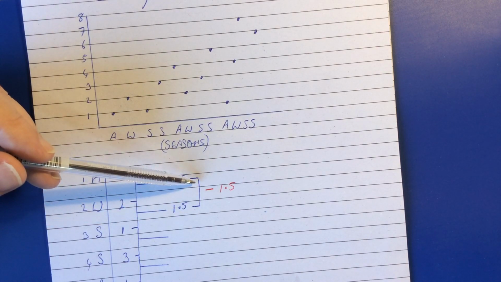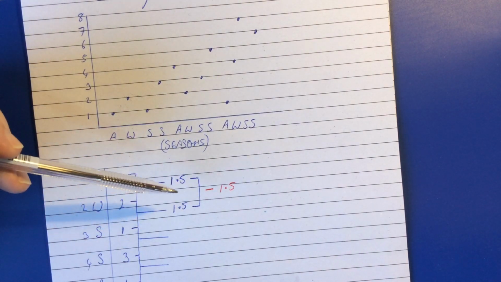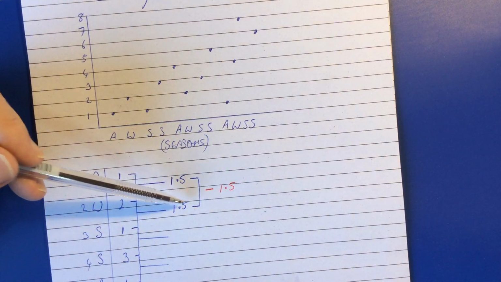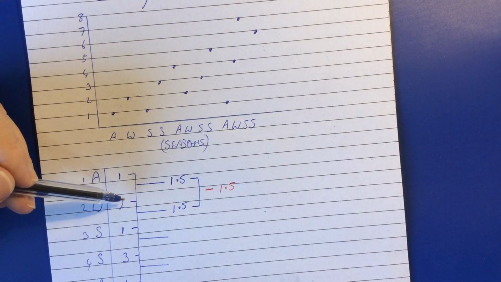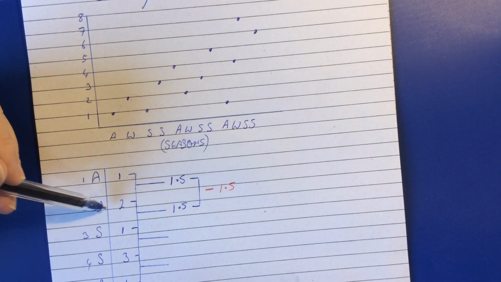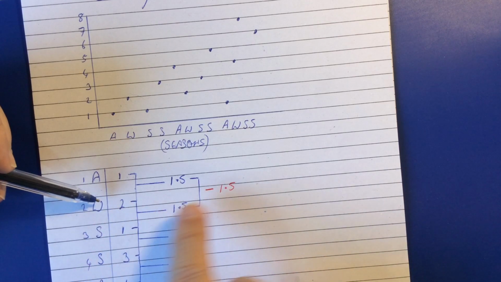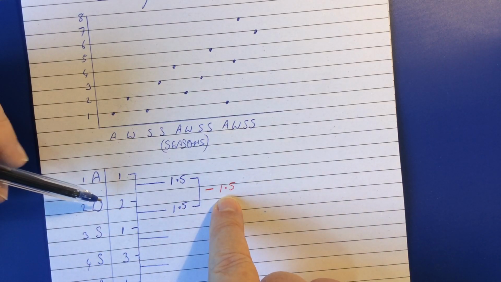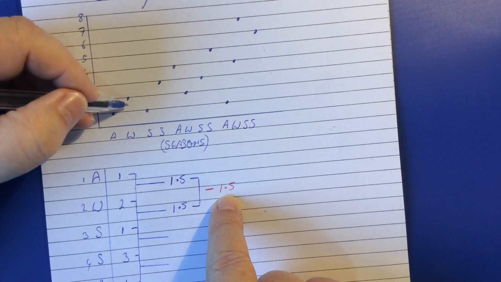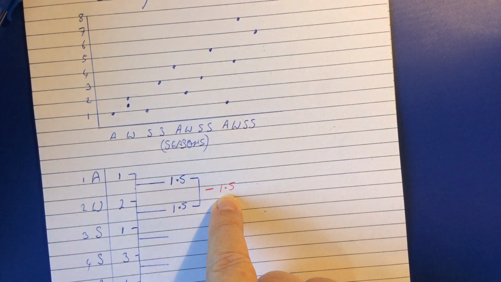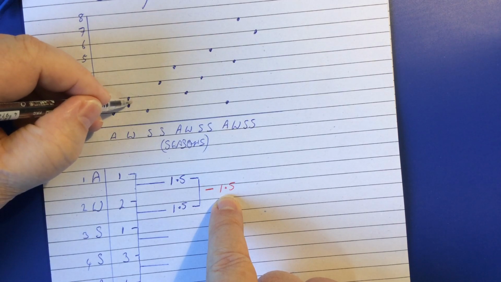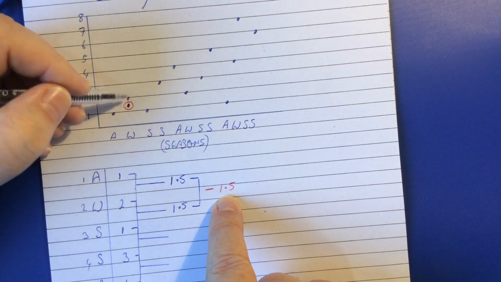I've chosen a 2-point moving mean because it's simple, but you can do this for a 4-point or a 6-point. And so what do we achieve from this? Well, our first new piece of averaged data will sit here at 1.5. So I'll just circle that with a red circle.